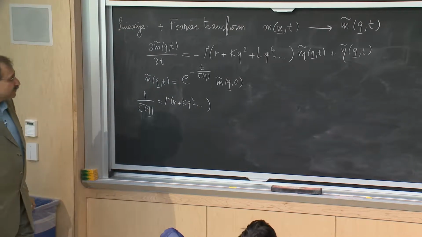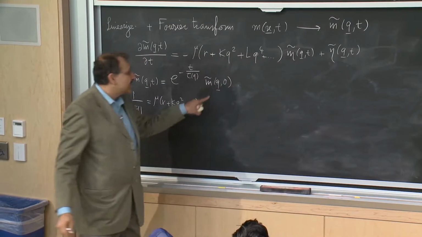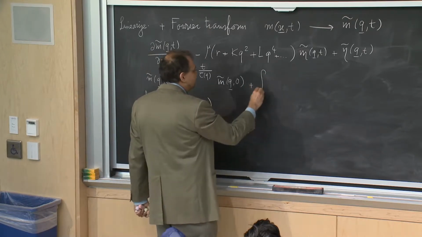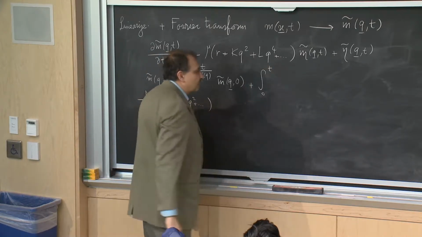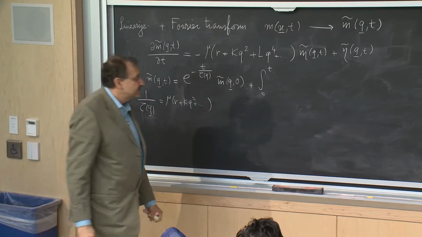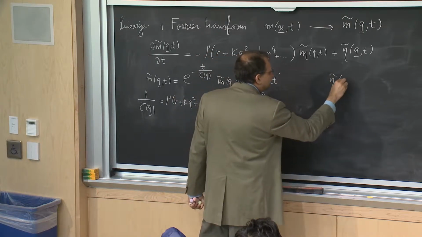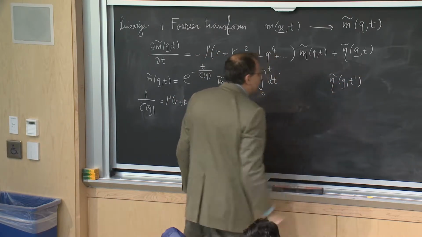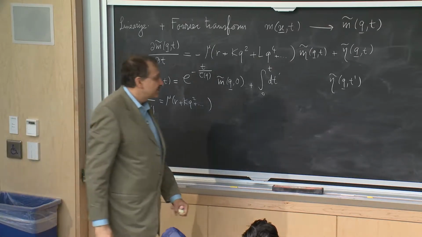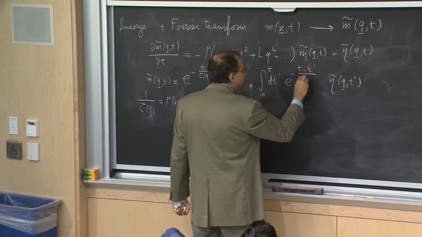Now, once you have noise, essentially each one of these noises acts like an initial condition, and so the full answer is an integral over all of these noises from 0 till the time t of interest, dt prime, the noise that occurs at time t prime, and the noise that occurs at time t prime relaxes with this e to the minus t prime over tau of q.